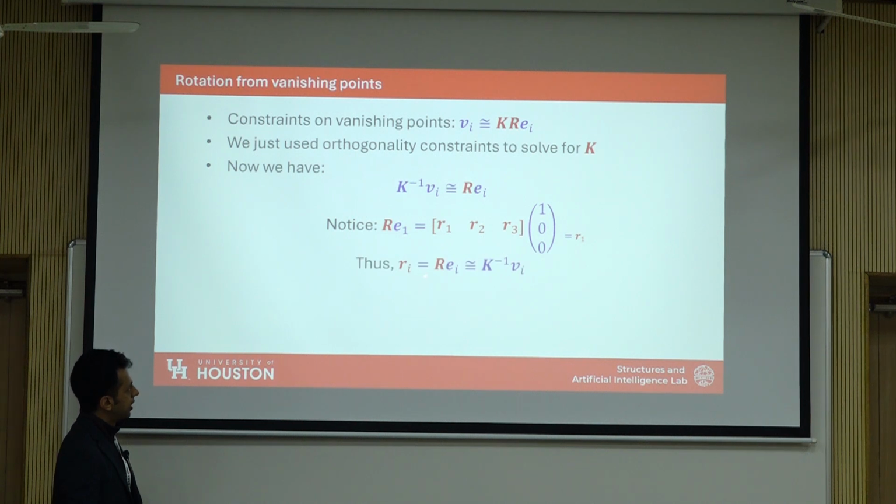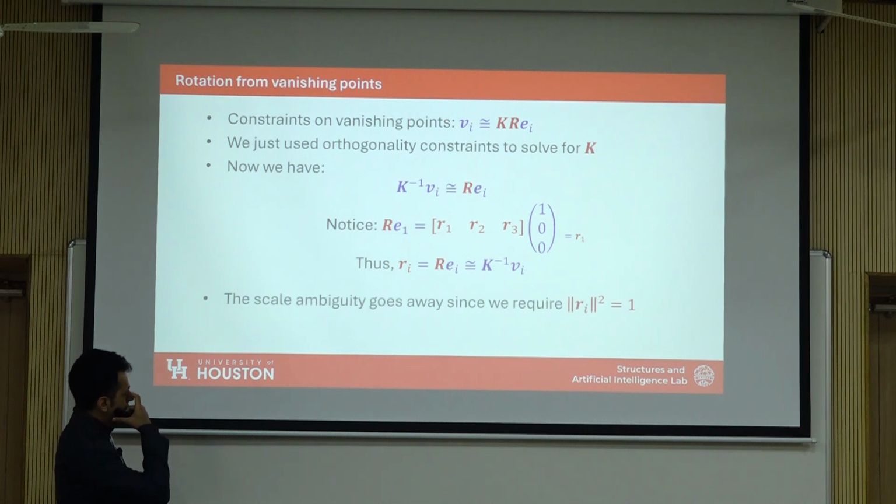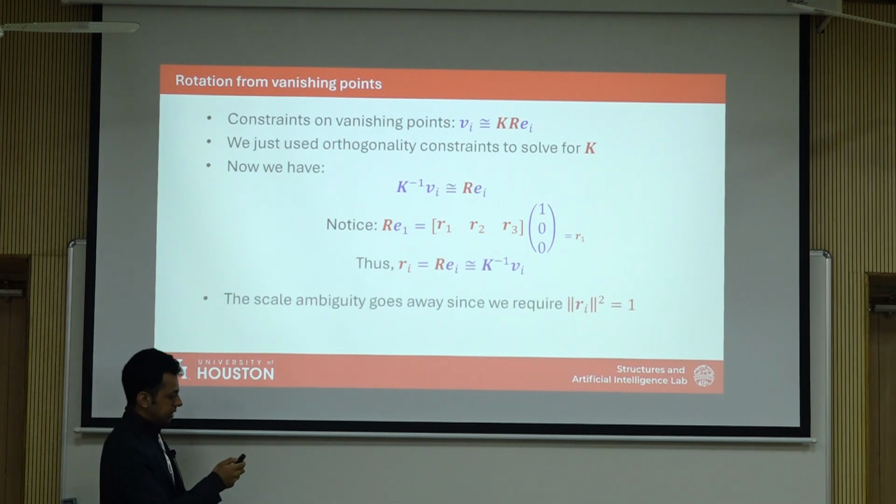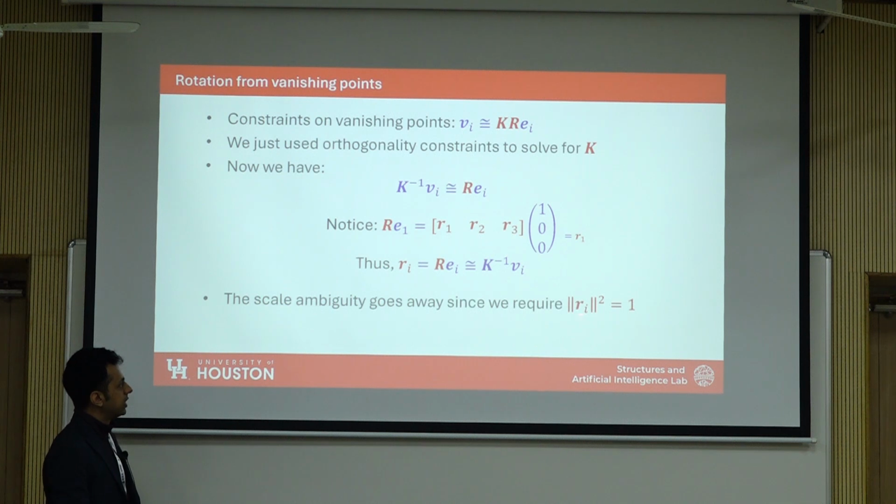So R sub i is simply capital R times E sub i. Now, since we know that each of these columns should have a norm of 1 because it's a rotation matrix, then we don't have to worry about the scale for the rotations.